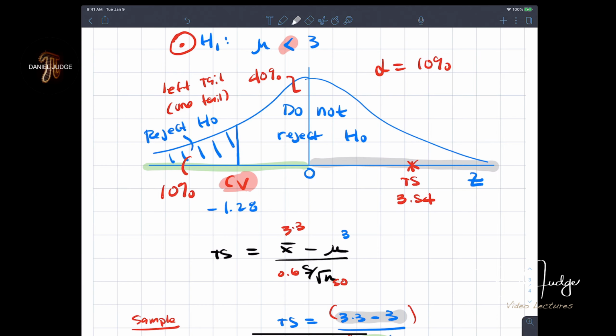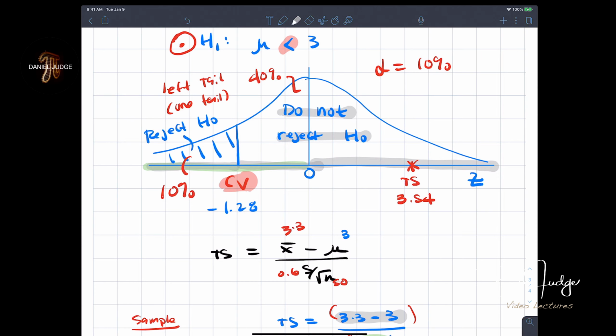What region is this? This is in the do not reject the null region. You see, any value to the right of your critical value, any value to the right here, is a do not reject the null hypothesis. Any value to the left of the critical value is a reject the null hypothesis.